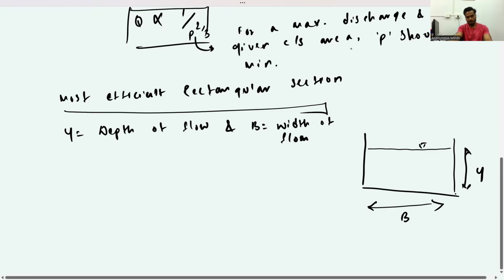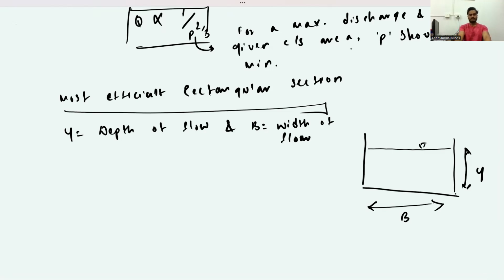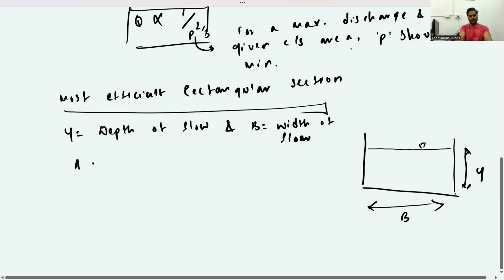So I can write wetted area capital A is equal to B into Y, and perimeter P is equal to B plus 2Y. From here I can write B is equal to A upon Y. So let's put this B here so that I can get P is equal to A upon Y plus 2Y.